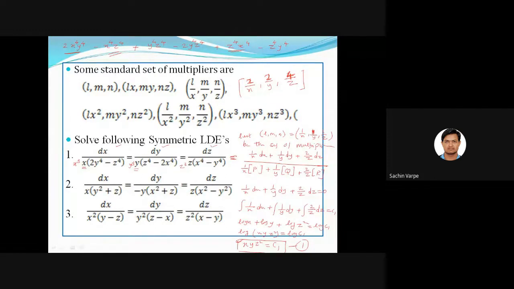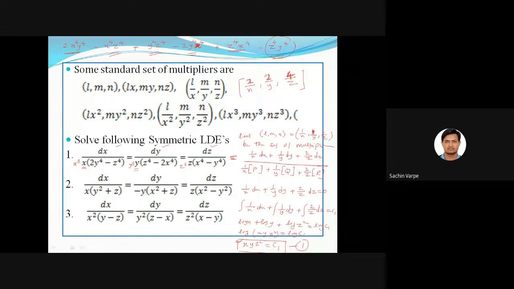Yes, this is also getting cancelled, y raised to 4, z raised to 4. This is not getting cancelled, no? So the fourth term should be 2y raised to 4, x raised to 4. Yes, sorry, it must be x raised to 4.